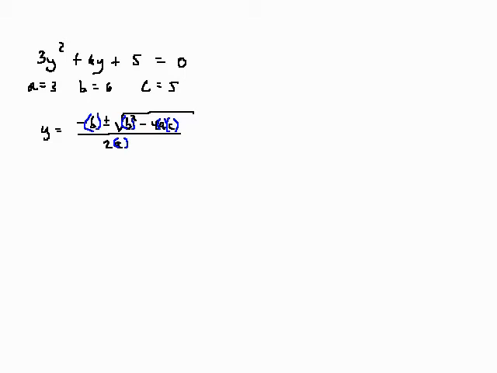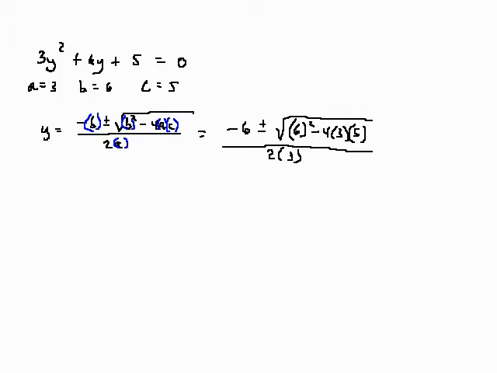Plug it in, plug it in. So y equals minus b, negative 6, plus or minus the square root of 6 squared, minus 4 times a is 3 times c is 5, all over 2 times 3.